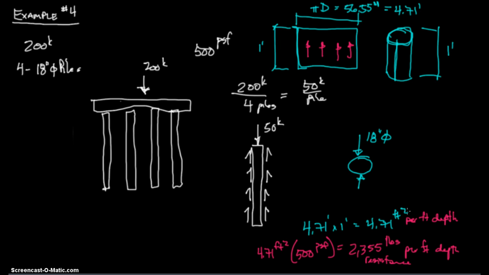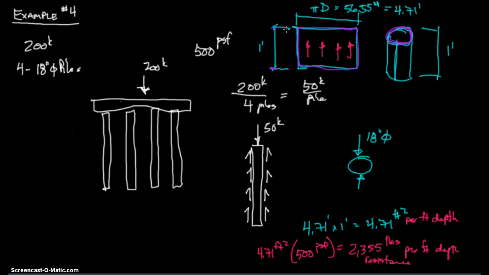I hope I explained this the way I meant to. You're looking at the area of this. And I think that makes sense, so I'm not going to continue trying to explain that. So for this section, we get 2,355 pounds, and that's only a foot.